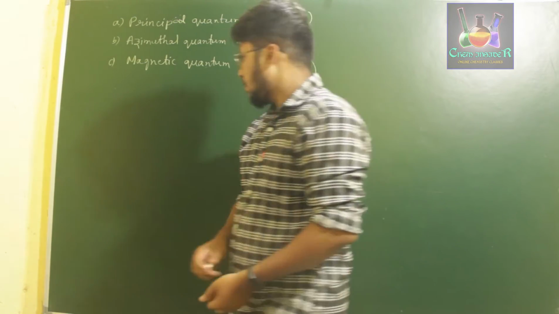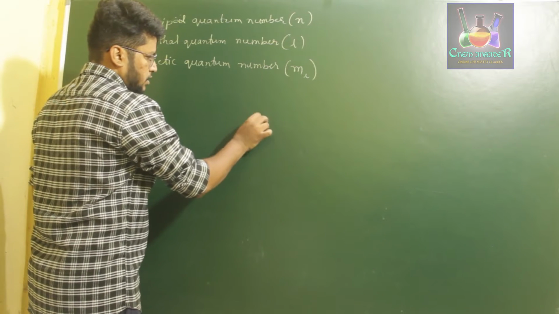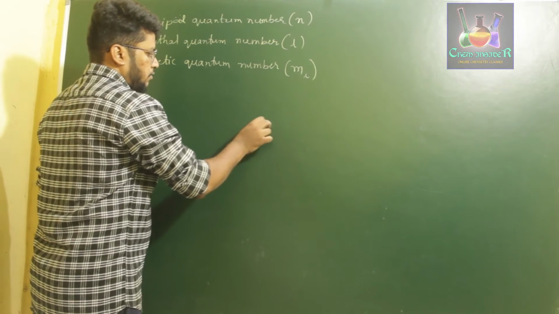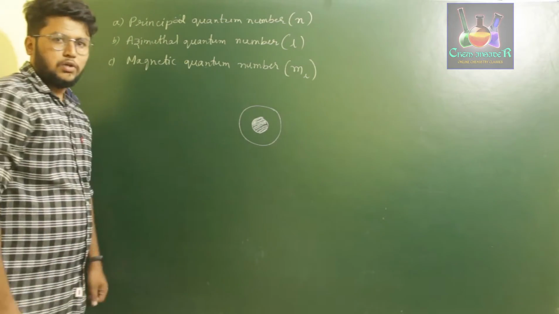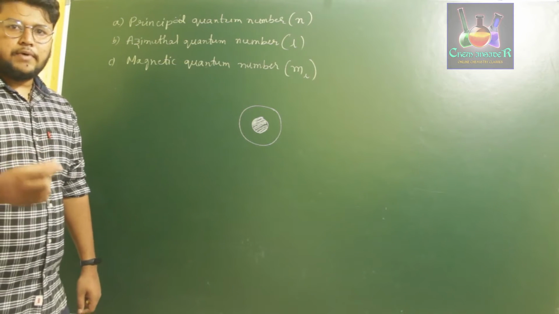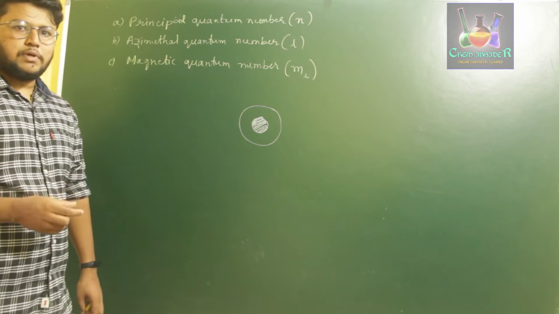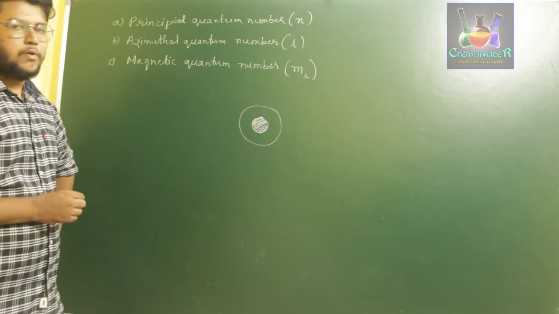Let us say we are considering a nucleus, and we are observing an electron at a certain orbit. The energy level of that orbital is determined by the principal quantum number.